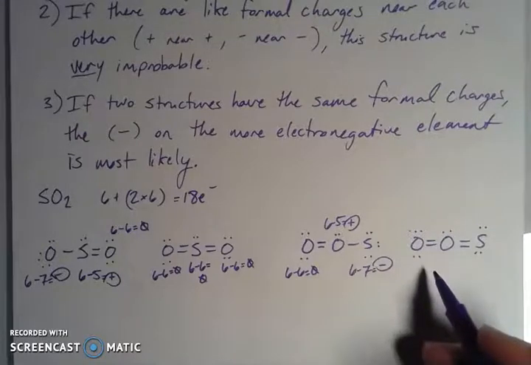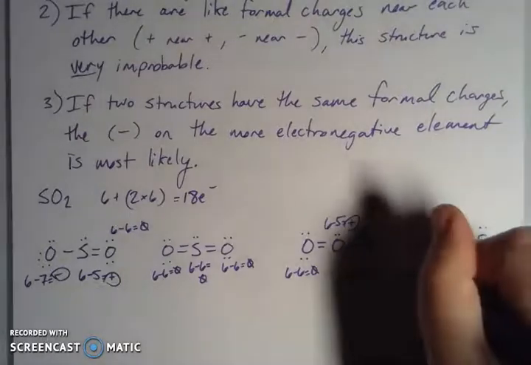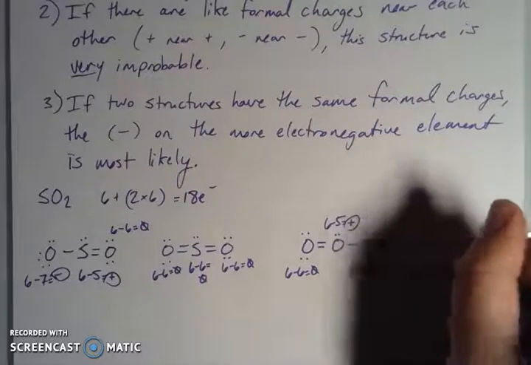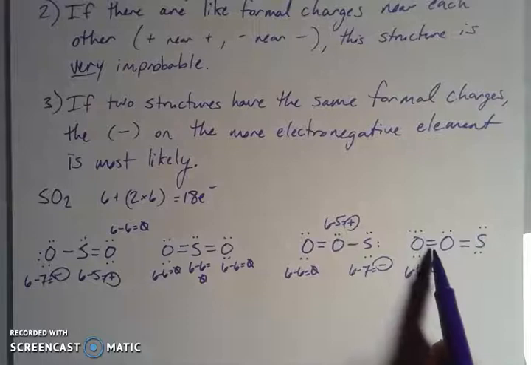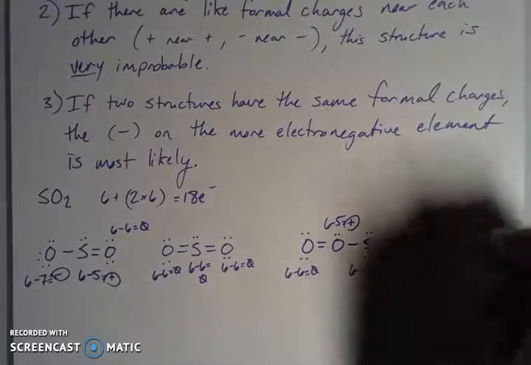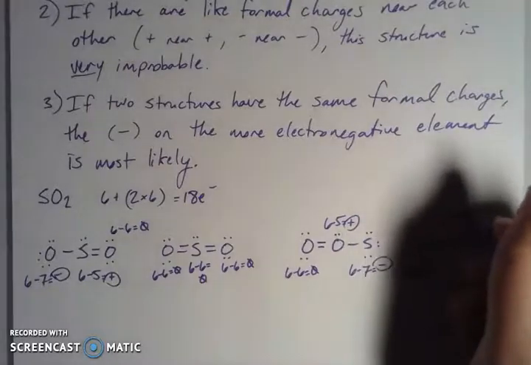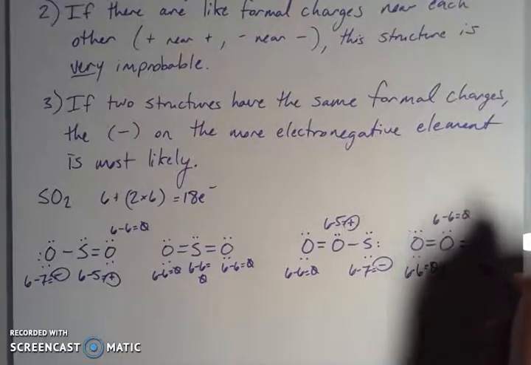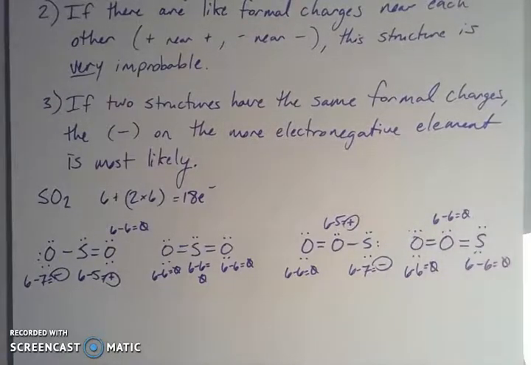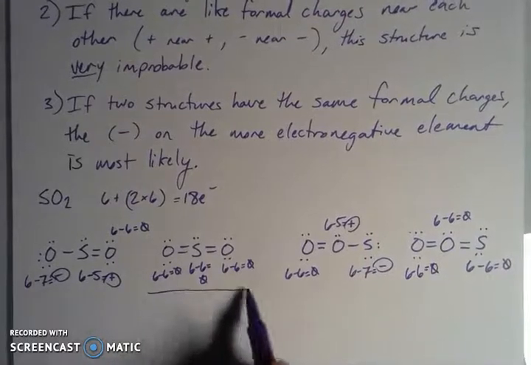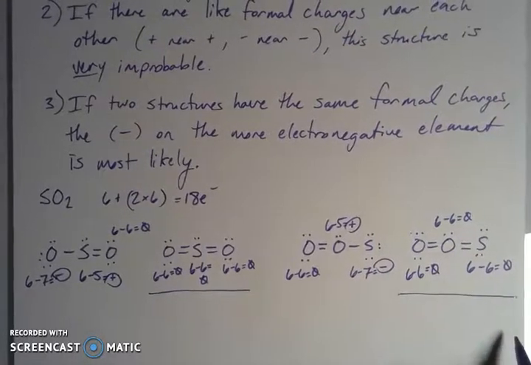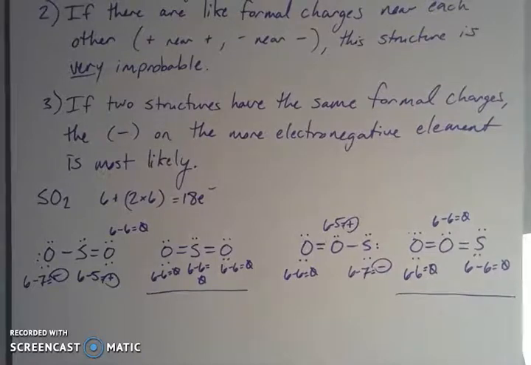And then this one has 6, wants 6, so we're good there. This one's 6, and then 1, 2, 3, 4, 5, 6. And this one, 6 and 6. Okay, so if I was looking at these, I would say that these are the most likely, right? Because they have 0 formal charges.